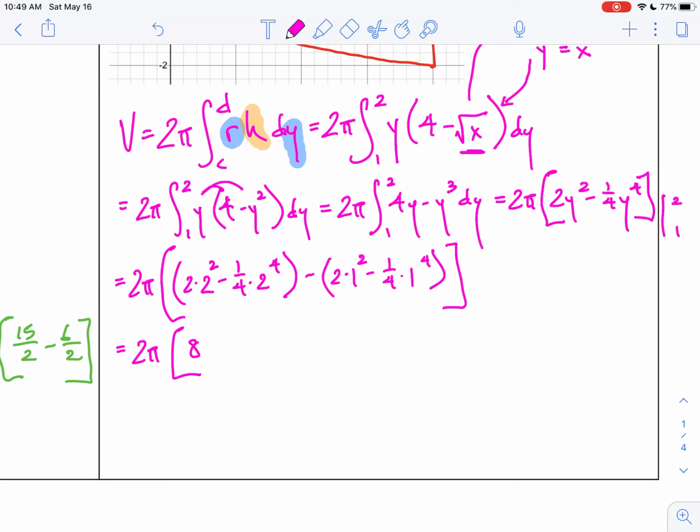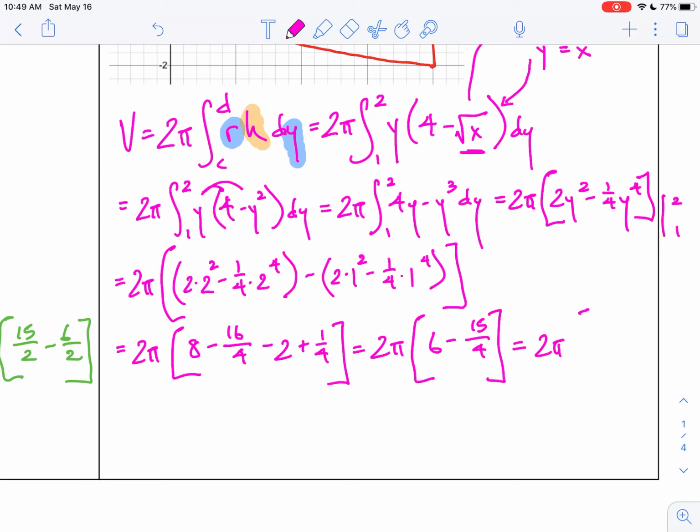I've got 8 minus 16 over 4 minus 2 plus 1/4, which equals 2 pi times 6 minus 15 over 4, which gives me 2 pi times 9 over 4, these two reduce, and so I get 9 pi over 2.